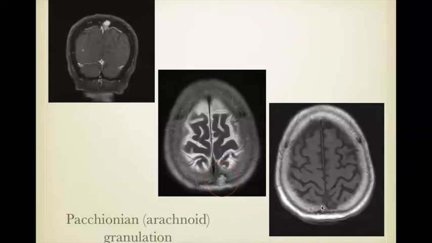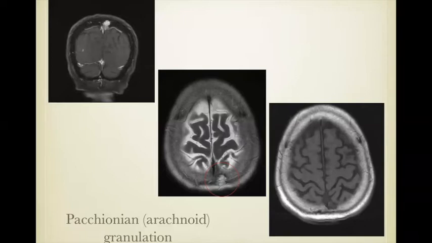So this erosion in the skull that's immediately adjacent to the superior sagittal sinus in virtually all cases is a normal variant, and this is the arachnoid granulation. Remember, the arachnoid granulations function in the resorption of the CSF. Basically, they're the transition between the CSF and the venous system.